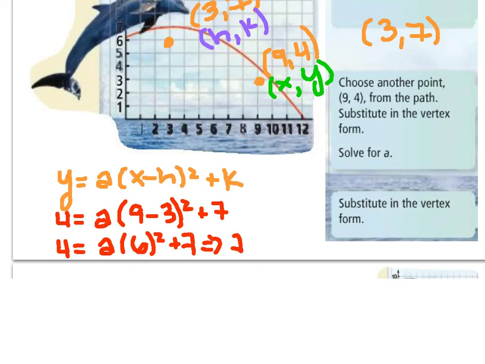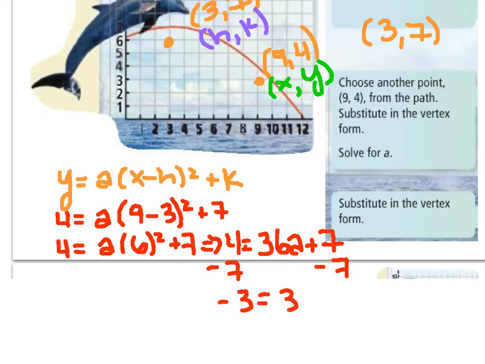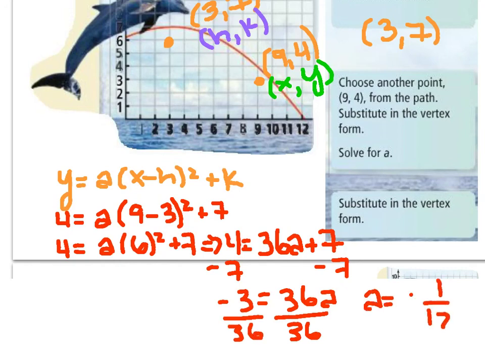Simplifying this again, I get 4 equals 36a plus 7. Now this is a pretty simple problem that hopefully we can all solve, right? So I get -3 equals 36a. Dividing by 36, it's easy to see that a is going to be -1/12.